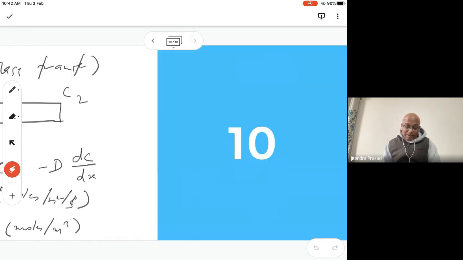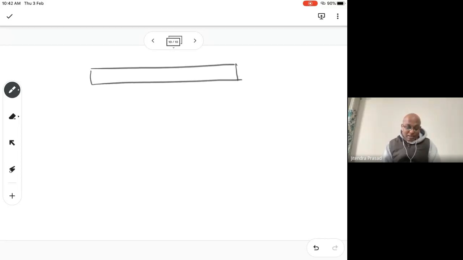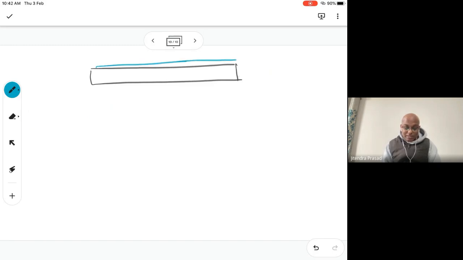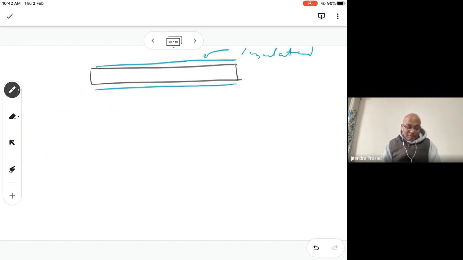Similarly, all the mass transfer is happening in the x direction only. The other direction is insulated, so there is no mass transfer there. In this case also you can write a q term.